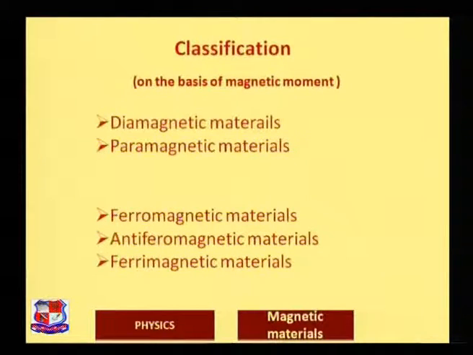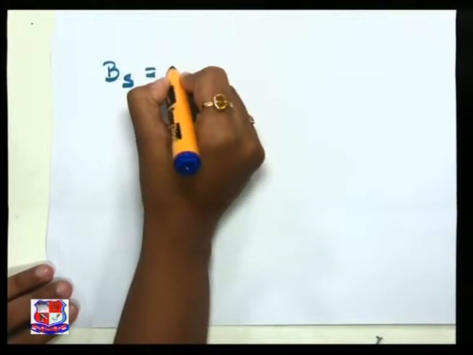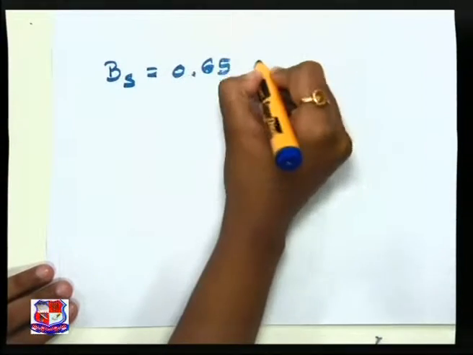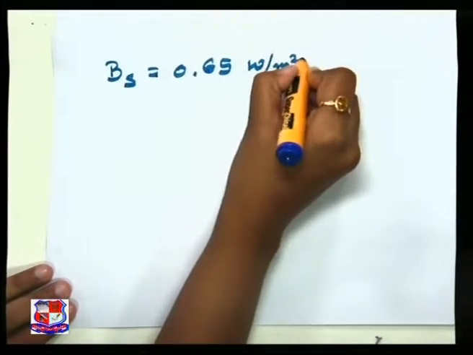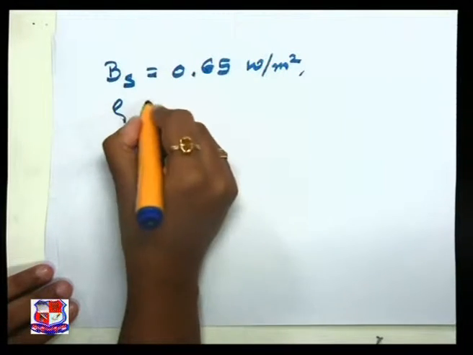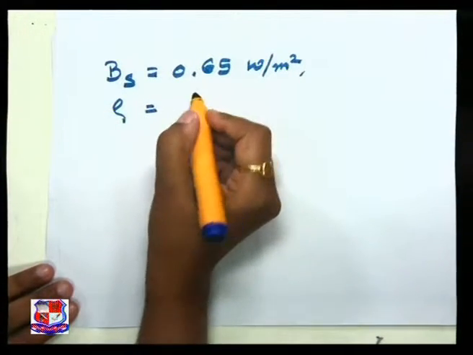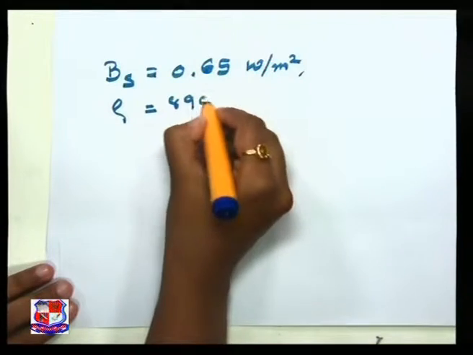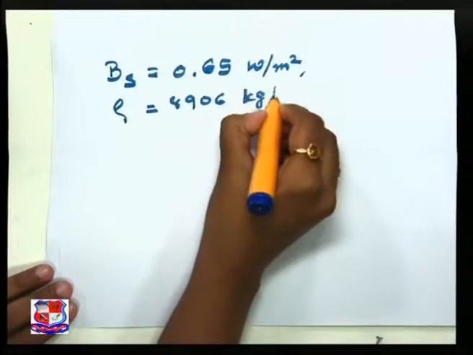So we can move ahead with another example. This numerical says that the saturation magnetic induction of nickel, that is Bs, is 0.65 Weber per meter square, while rho, the density of nickel, is 8906 kg per meter cube.